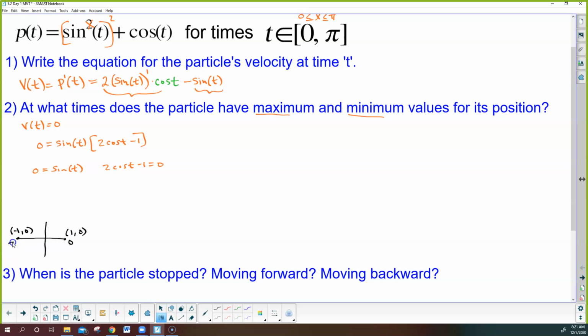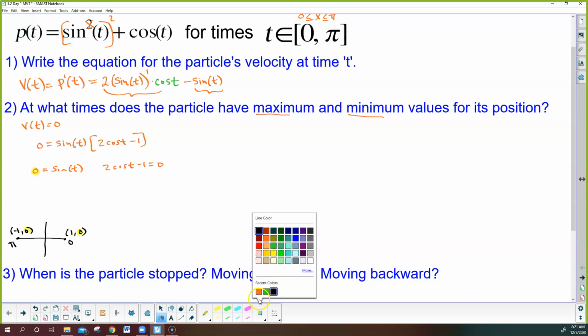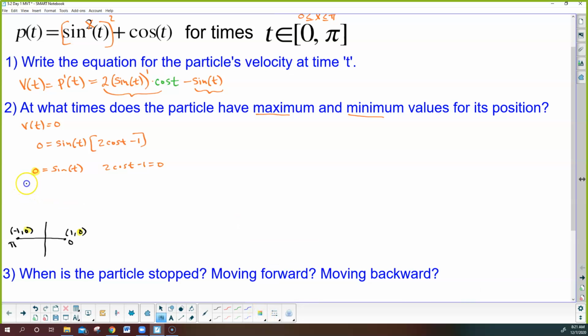So at 0 and pi, sine is equal to 0 at both of those spots. So when does the sine value equal 0? At 0 and at pi. We actually have 2 answers here. You don't need to show any work for this problem. They're basically saying that you should have this memorized from the unit circle or knowing your quadrantal angles.